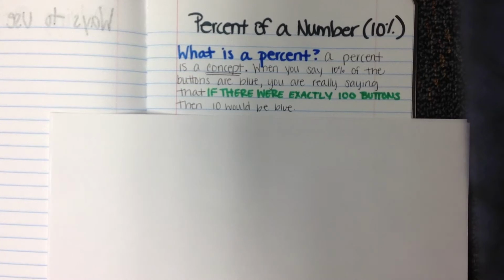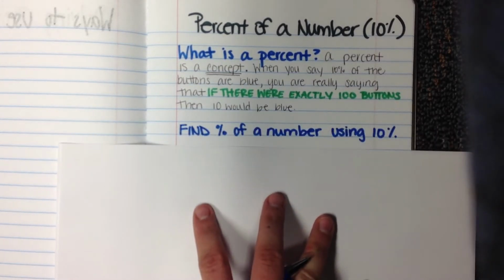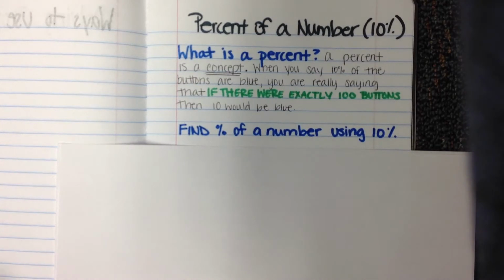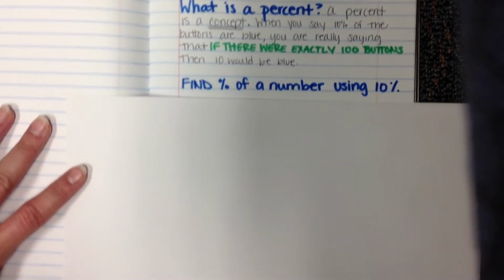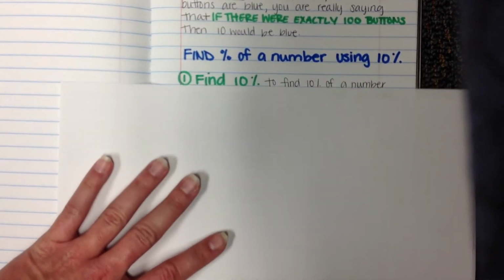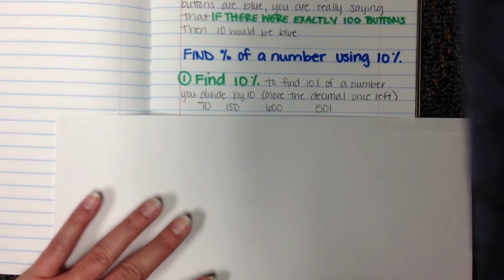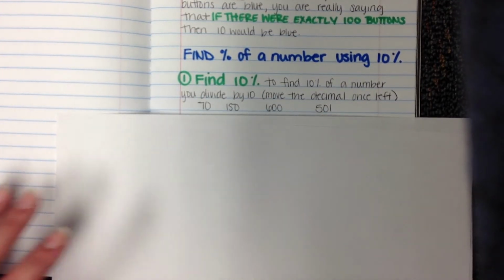Well, we all know that in the real world, there are not 100 of everything, and so we've got to find some way to use this concept in everyday life. You can find the percent of a number using 10%. In order to find 10% of something, you divide by 10.